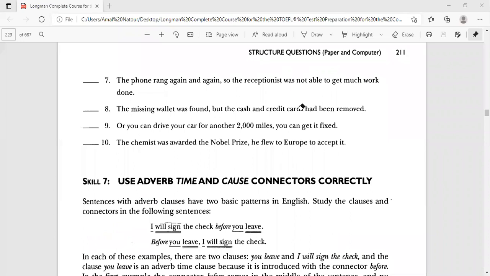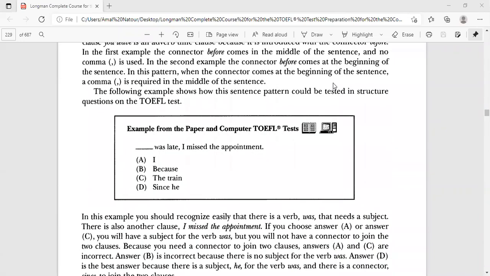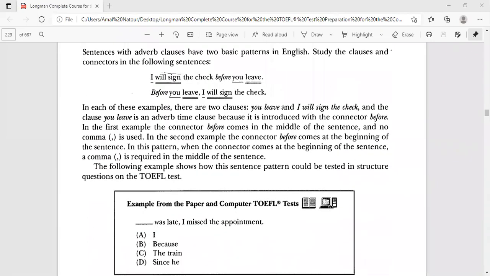So let's now look at this example: was late, I missed the appointment. Let me analyze this sentence. خليني أحللها. I is the subject, missed is the verb. Was is the verb, and here there is a comma.